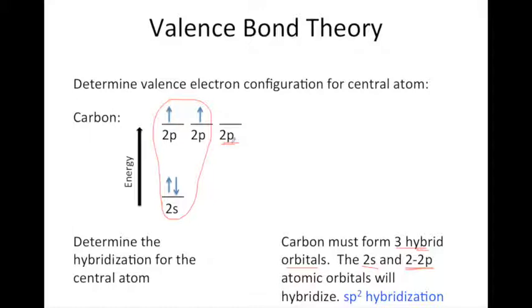It's still there. And so we call these sp2 hybridized orbitals because they're 1 part s and 2 part p. So here you can see we have our sp2 hybrid orbitals, all have the same energy, and here's that 2p orbital. It's still there. We can't destroy orbitals when we undergo hybridization.